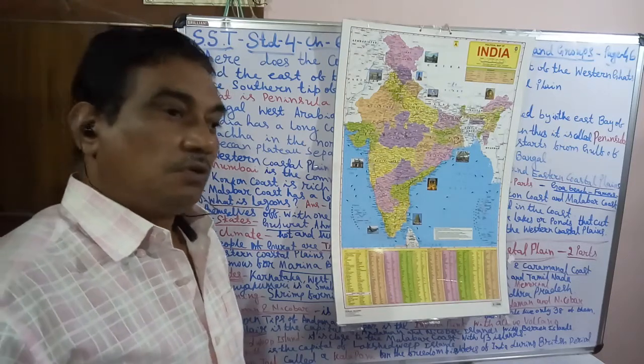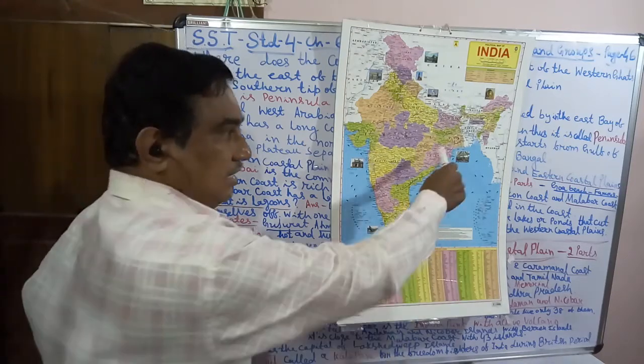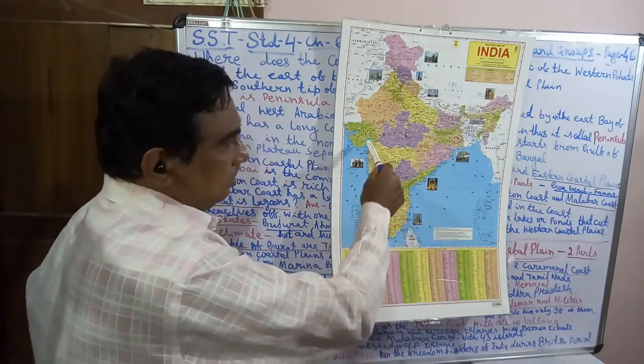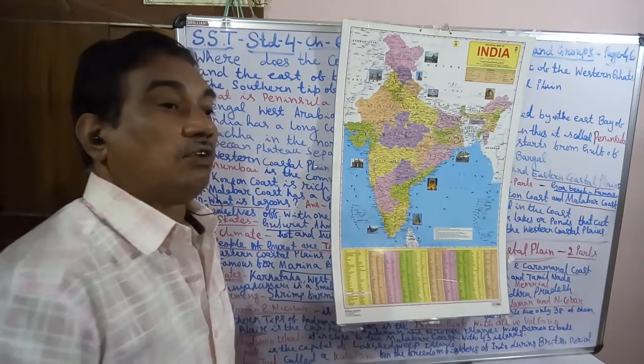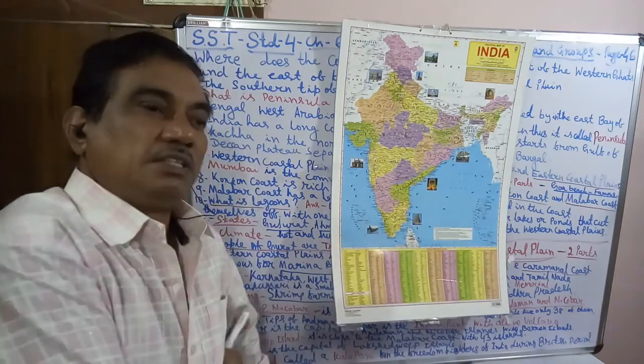So what are the states? Which states are connected to the eastern coastal plains?